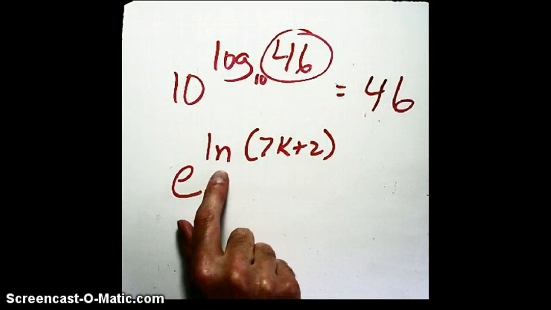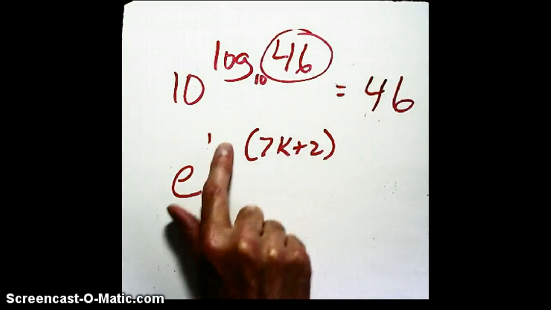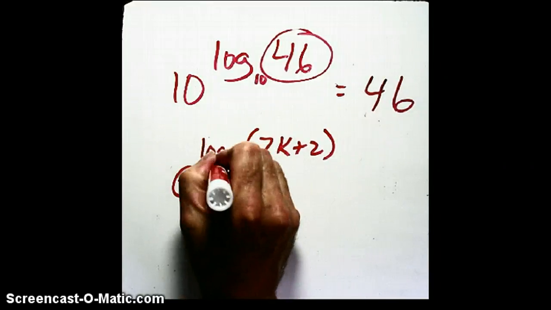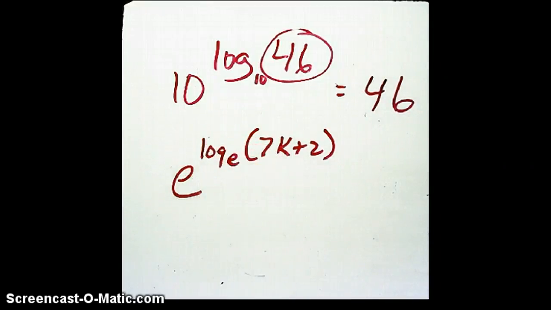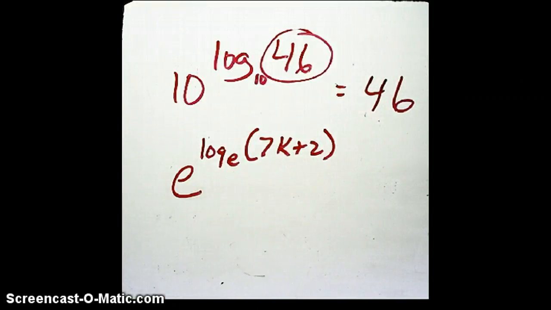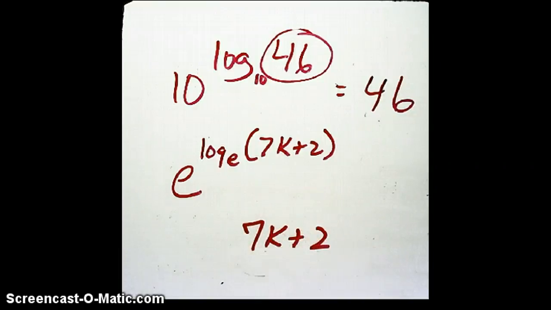E to the ln of 7k plus 2. Sometimes it helps to rewrite that as log base e. Notice that this base and this base match up, so the answer is simply going to be the argument, 7k plus 2. So try to remember that property.